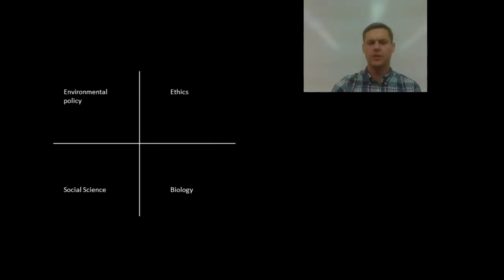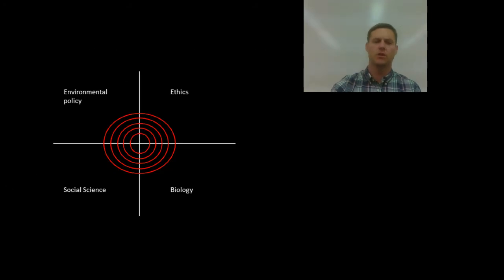So what do we do? How do we get from here, where we've broken these four things into quadrants, to getting them to connect? Okay. Well, you start drawing circles around the point of intersection. The closer to the intersection, the more unstable the region is.